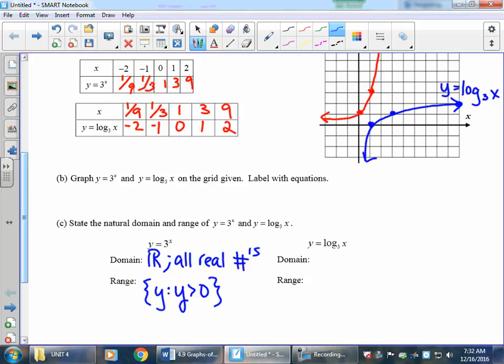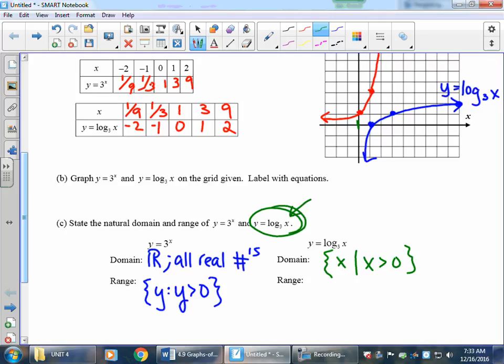Right? That makes sense. So when you talk about the domain and range of the other function, the log function, we're just going to switch those, and you can see very easily if you look at the x's go from here and then keep going. So this is going to be very similar to our range. This is going to be x such that x is greater than 0, which is a very important piece of information, which means, looking at this right here, there's our x, we can't take the log of a negative number.